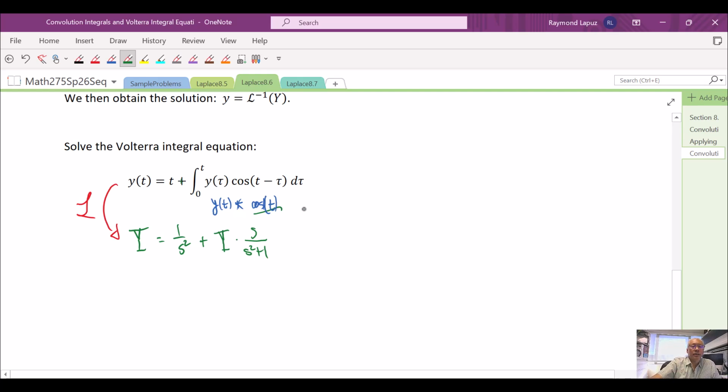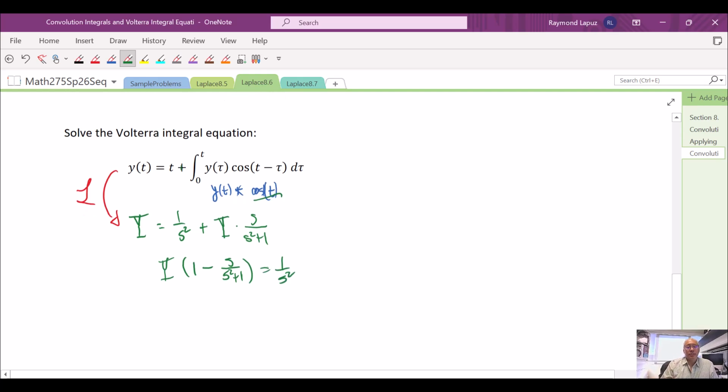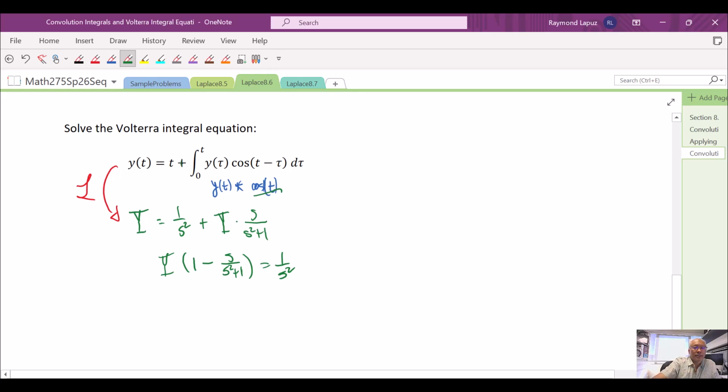Now let's solve for y. Let's see, y. Let's bring this over to the other side. So that's going to be y times 1 minus s over s squared plus 1 is equal to 1 over s squared. This is just algebra, folks. s squared plus 1 minus s.